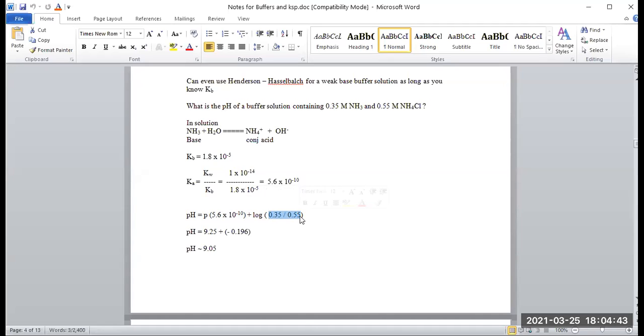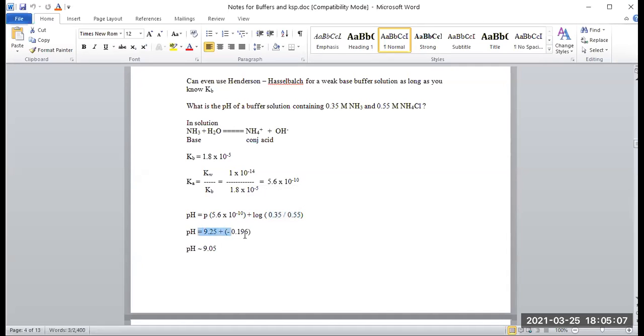Put your ammonia on the top because it is the one that is actually the base. Put your NH4 concentration on the bottom. It's a conjugate acid, but it's still an acid. So B on the top, A on the bottom, and it has to fit that format.